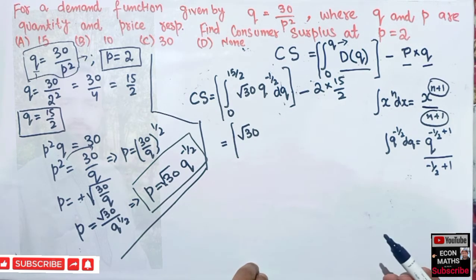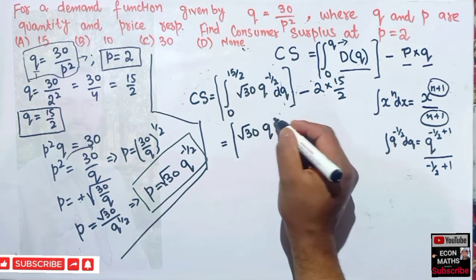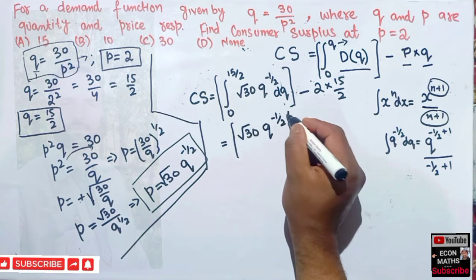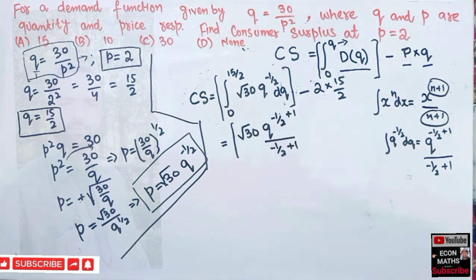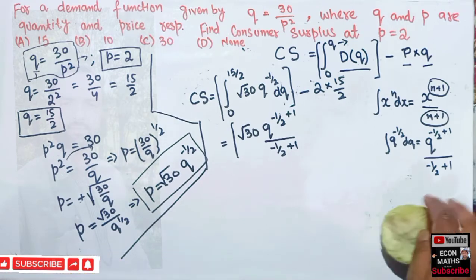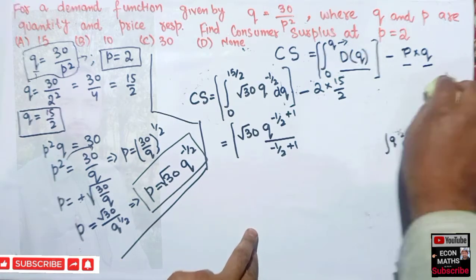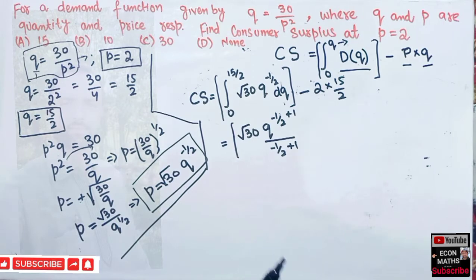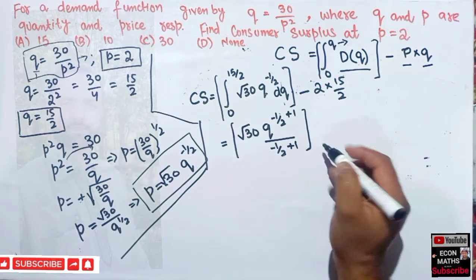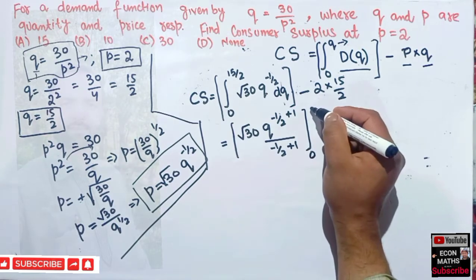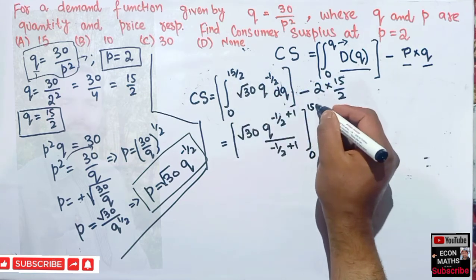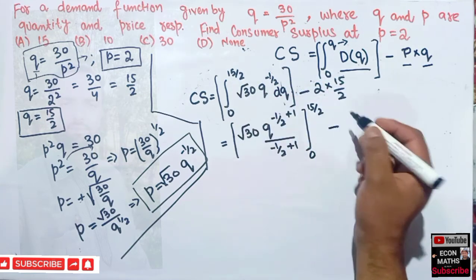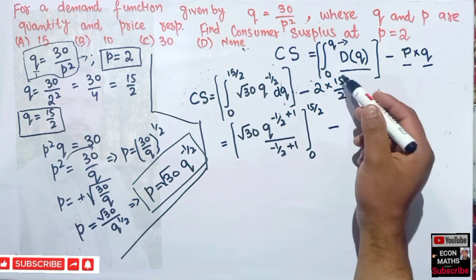So I can write Q to the power minus 1 by 2 plus 1 divided by minus 1 by 2 plus 1, and we take the integral from 0 to Q. Our Q was 15 divided by 2, minus this 2 into 15 by 2.